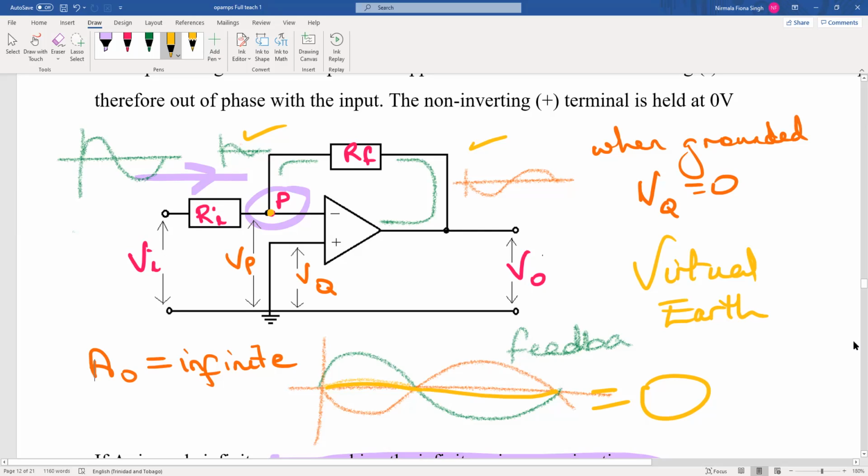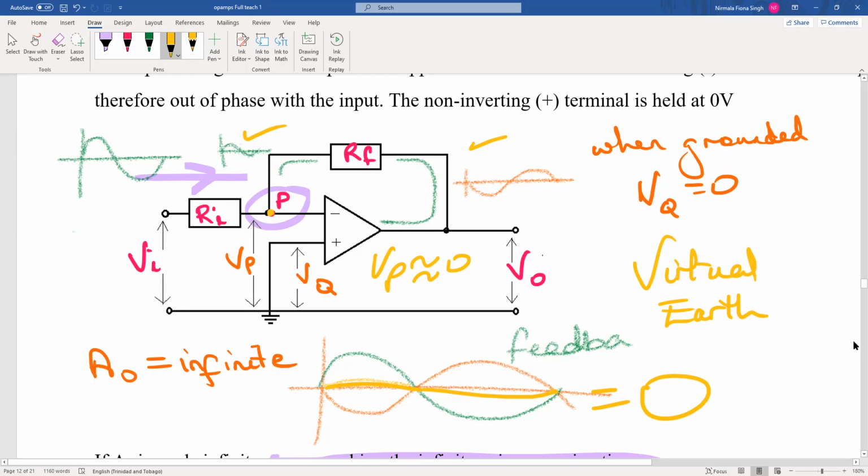So, y'all, we okay with virtual Earth? Where we get the name from and what is happening at this point? VP is practically zero. We're not saying it is zero, because if I have zero voltage going into my amplifier, what is amplifying? Nothing, right? You can't increase zero. How are you going to multiply zero?